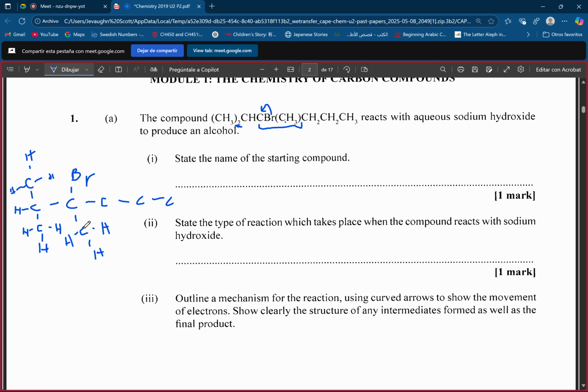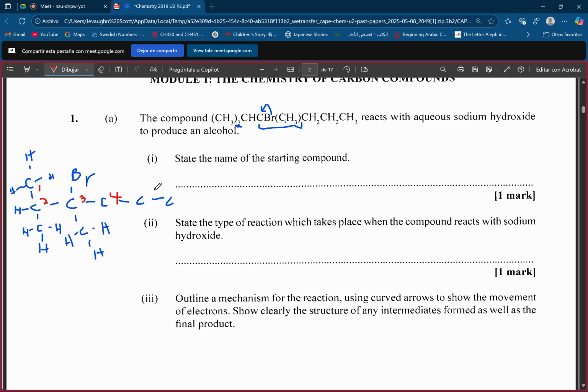We'd name it from this direction, right? So one, two, three, four, five, six. All right. Longest carbon chain first, and we always number the carbon chain from the most important or the highest priority group that we have, which in this case would be bromine. All right. So look at something like that. So on the second carbon there is a methyl group, right? On the third carbon there's a bromine substituent and another methyl group.